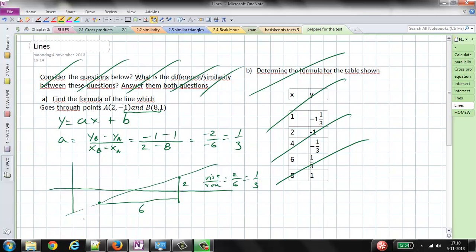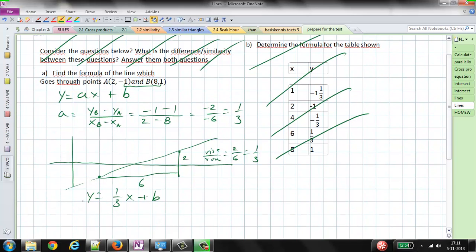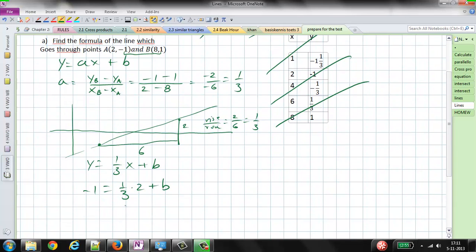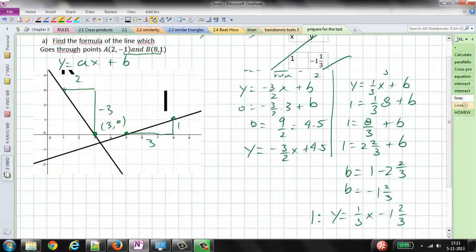It's the longer way. Again, we get y is equal to 1/3 x plus b. I'm going to put in one of these points. I'll do 2, minus 1. Minus 1 is equal to 1/3 times 2 plus b, and we get b is equal to minus 1 and 2/3, and I don't know if you noticed, but it's exactly the same one as we had here.